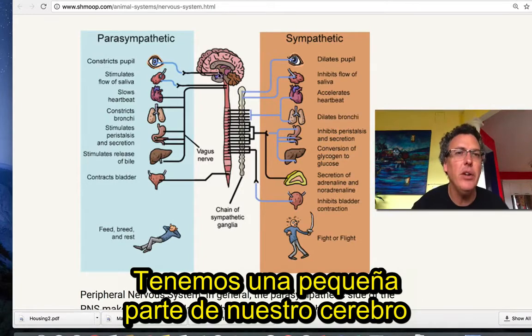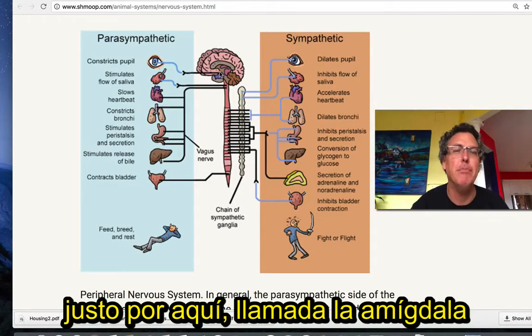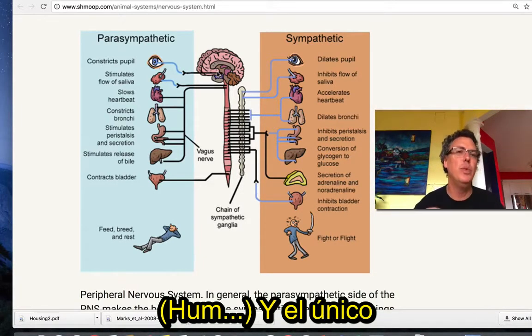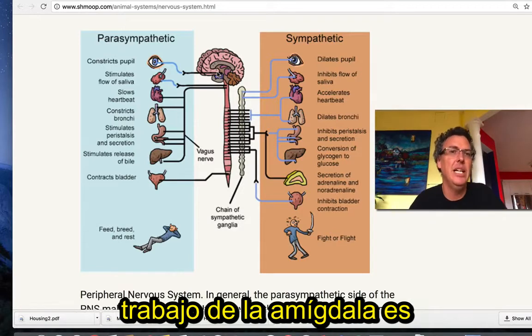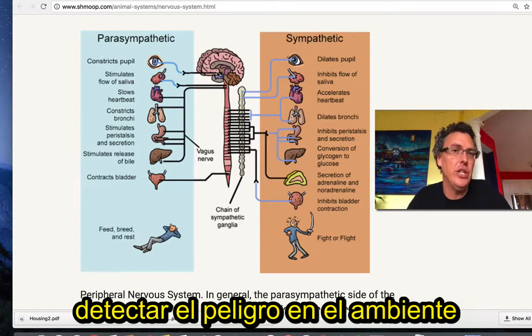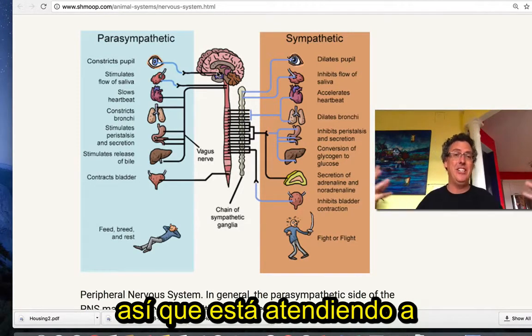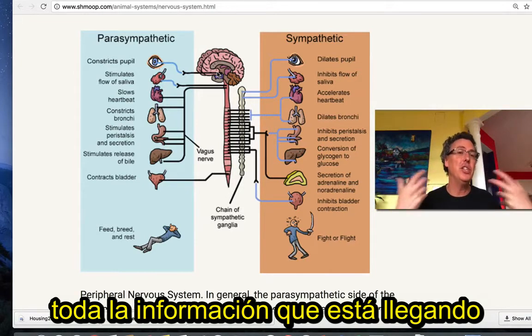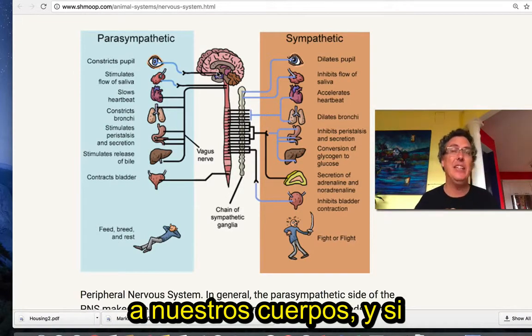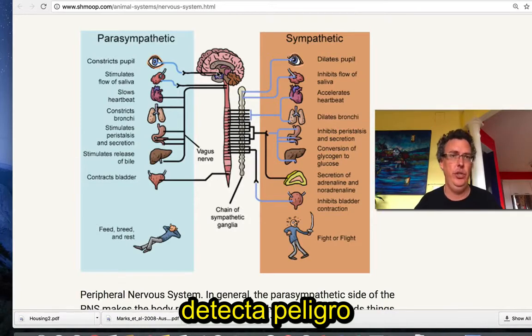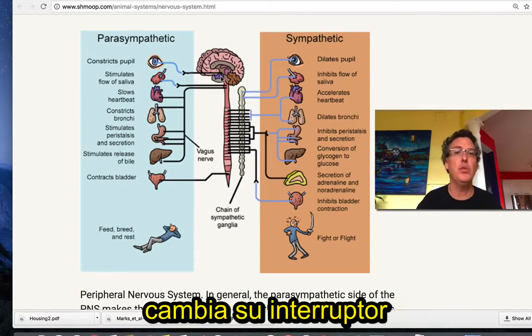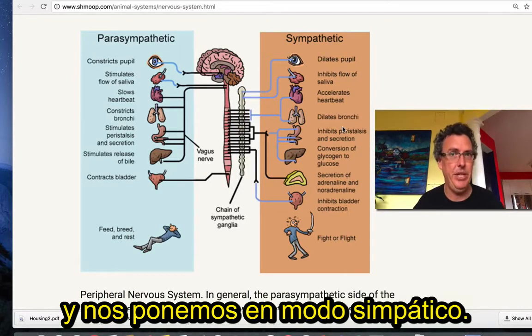We have a little part of our brain right around here called the amygdala. And the sole job of the amygdala is to sense danger in the environment. So it's attending to all the information that's coming into our bodies. And if it senses danger, then it flips a switch and we go into sympathetic mode.